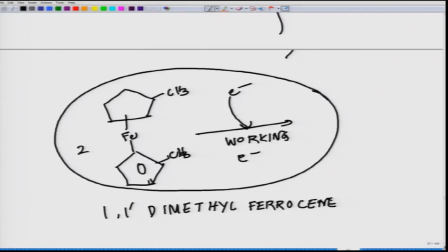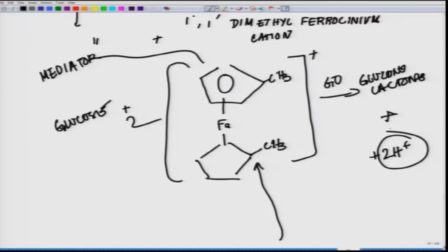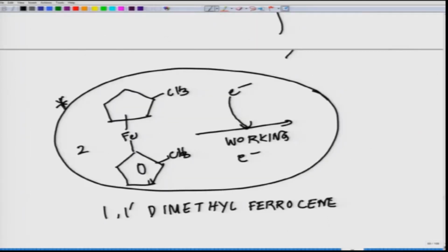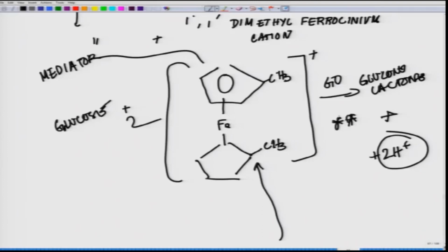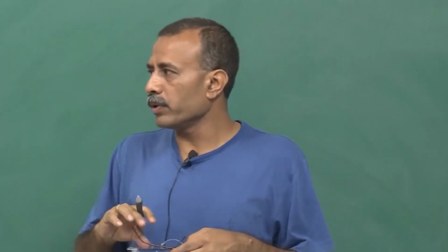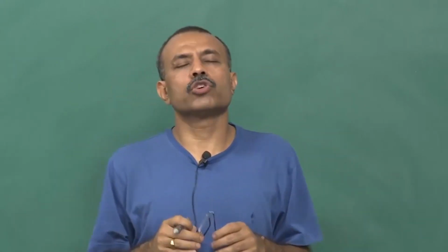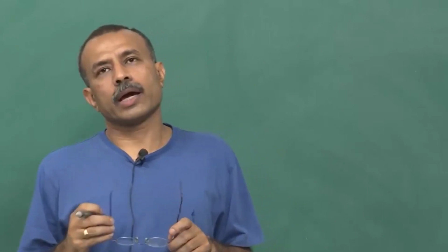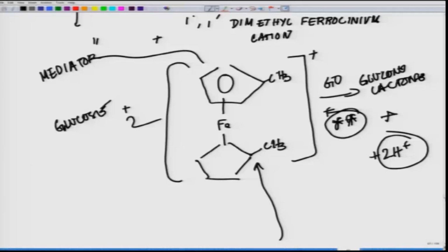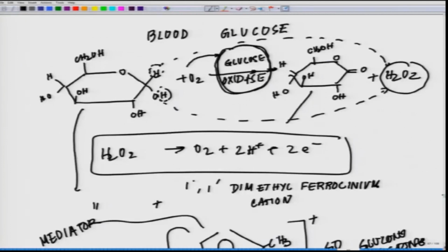So, the amount of current you are injecting to regenerate this product tells you about the reaction. Think of it simply. You have the glucose, you have oxygen, you have glucose oxidase, and you are making gluconolactone, and in that process you are producing H2O2.